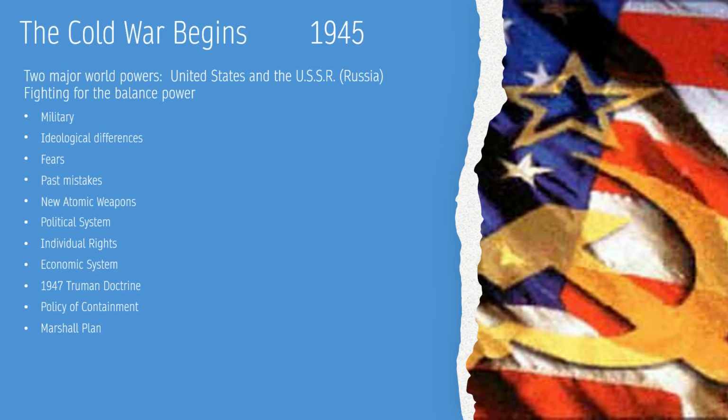But our whole goal is to contain communism and not let it spread to any other countries. And then the Soviet goal, which is the USSR, is of course to end capitalism, which they don't really even have, but to have more communist countries join their side.